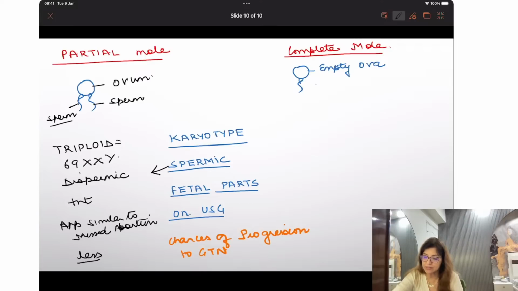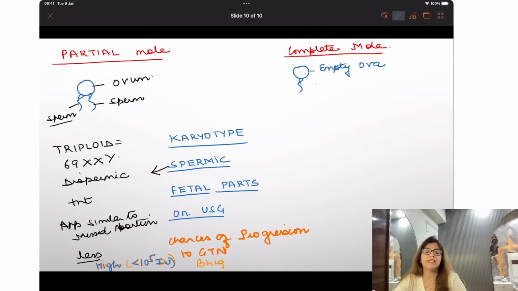Right? In this partial mole, Beta-HCG levels are high, but they are less than 10 to the power of 5 international units. Definitely the levels are high, right?